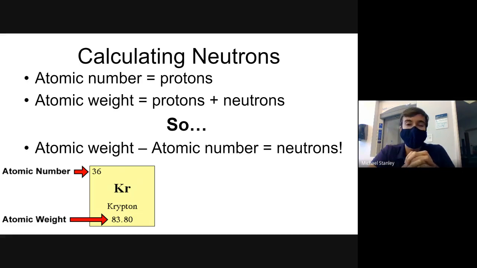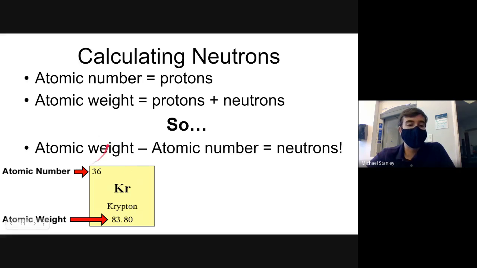We don't really need to be that precise in this class. So you can round the atomic weight to the nearest whole number. In this case, 83.8 is basically the same as 84. So we'll say krypton has an atomic weight of about 84.